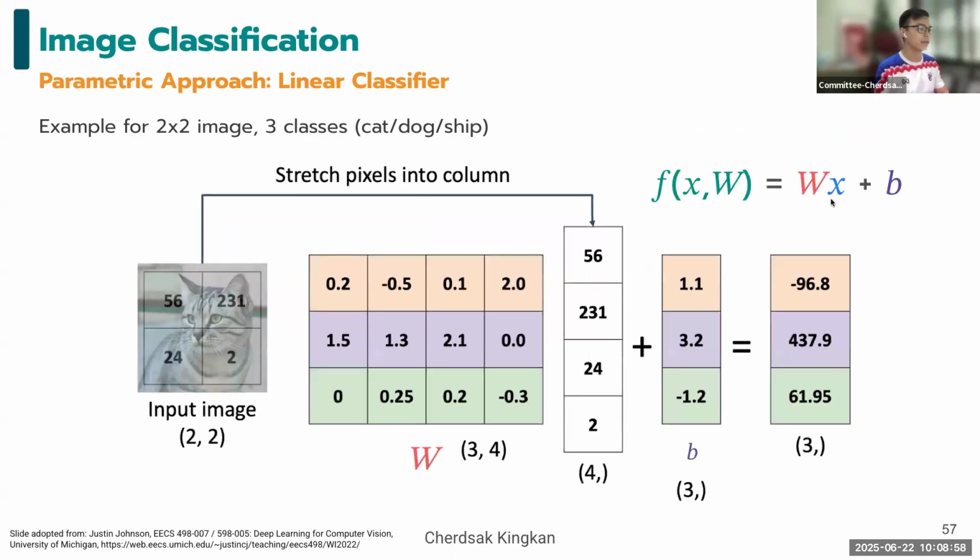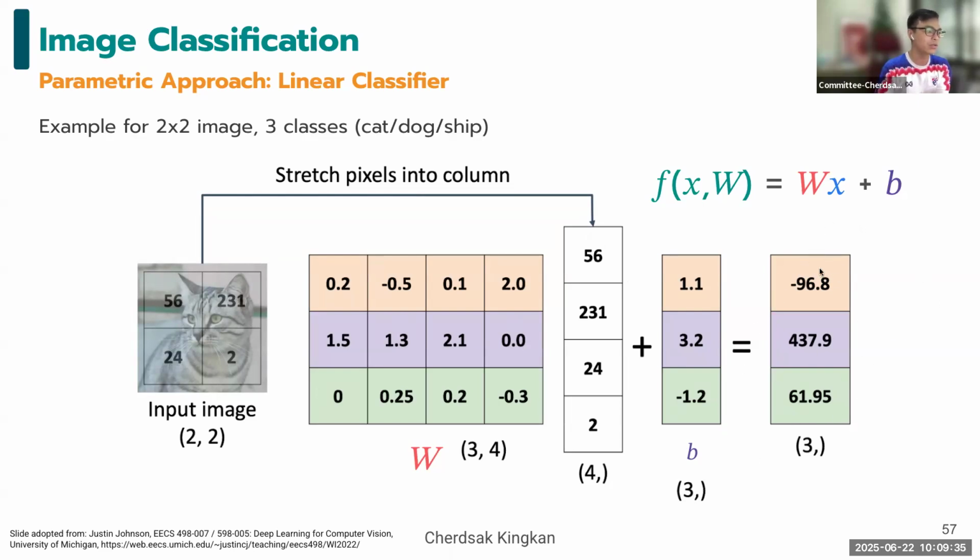And then we have a matrix W, which has the dimensions of 3 by 4, three rows and 4 columns. And we have a bias term over here as well. So what we do is multiply this matrix with this feature vector, and then add the bias for each term. So this is what we call a score.